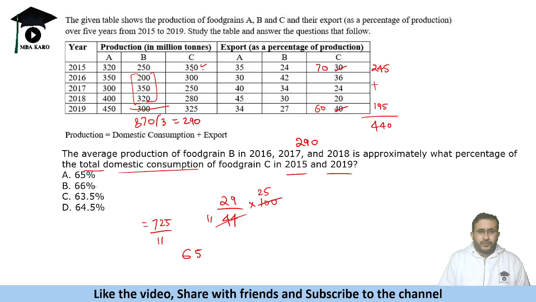So it will be close to 66%. It should be close to 66% if you check the percentage. Maybe I made some mistake.